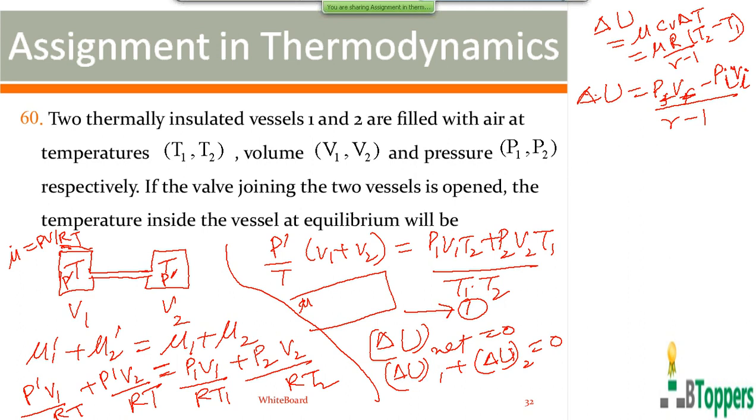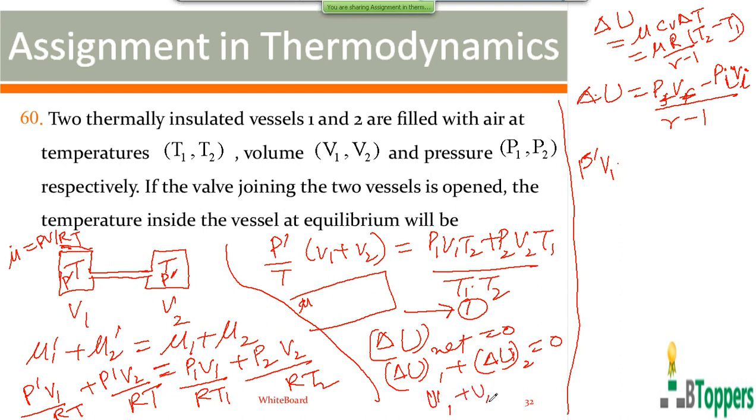So here the change in the energy of the first gas, delta U for the first gas, can be written with the final pressure of gas in each vessel being the same, P dash. Final volume of the gas in the first vessel is V1. Or you can say U1 plus U2 is constant.